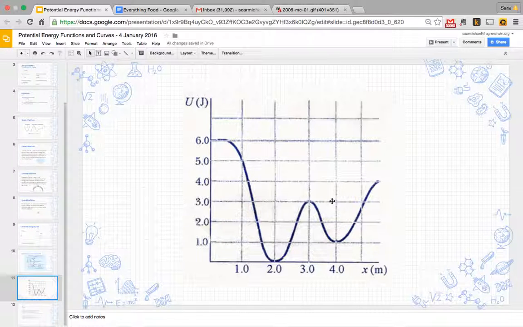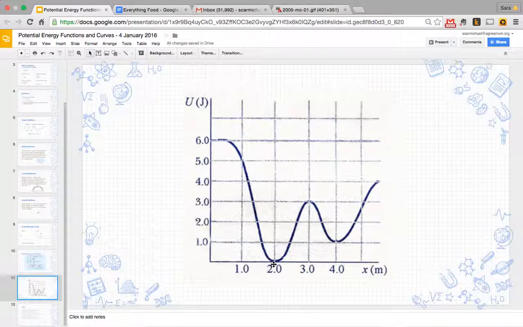Now, what confuses some people sometimes is that these graphs will dip into negative territory. You can have negative potential energy. That's no big deal, right? In fact, some potential energies, like when we do gravitational potential energy in its more realistic form later in the year, when we talk about the gravitational force between objects changing as the distance changes, that potential energy is defined as entirely negative.